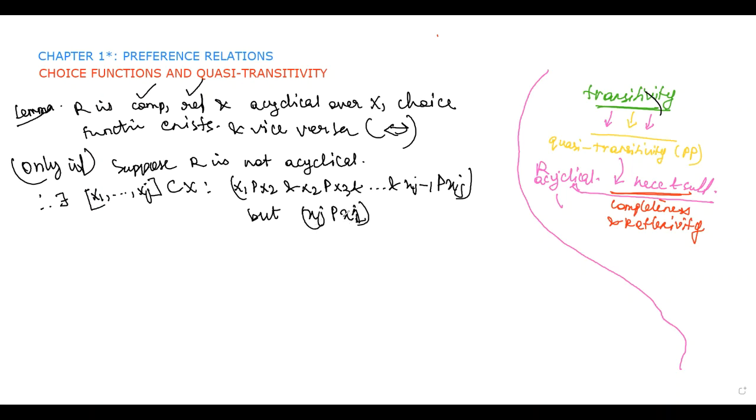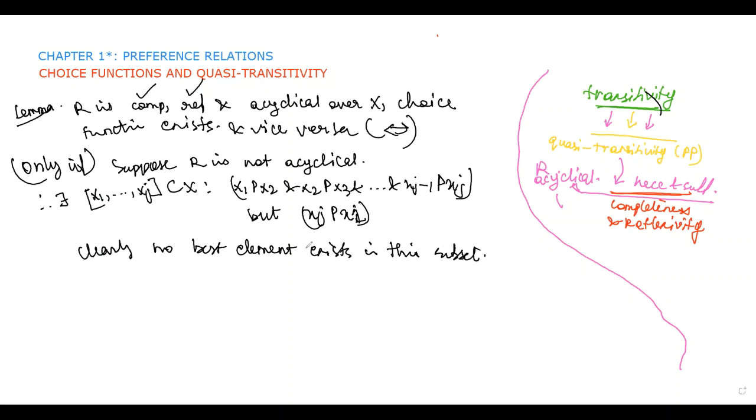Because if x1 R xj is not true, then this has to be true by completeness. Clearly, no best element of this set exists. No best element exists in this subset.